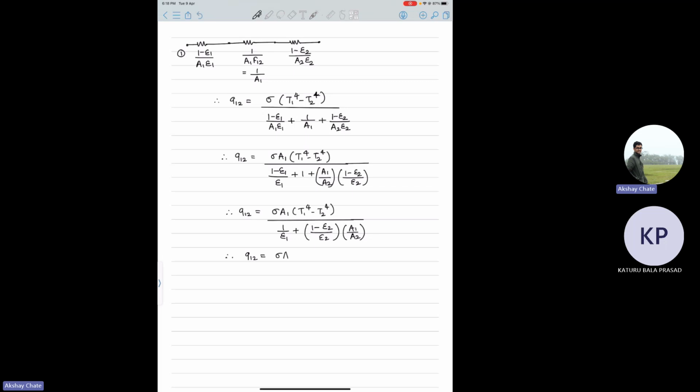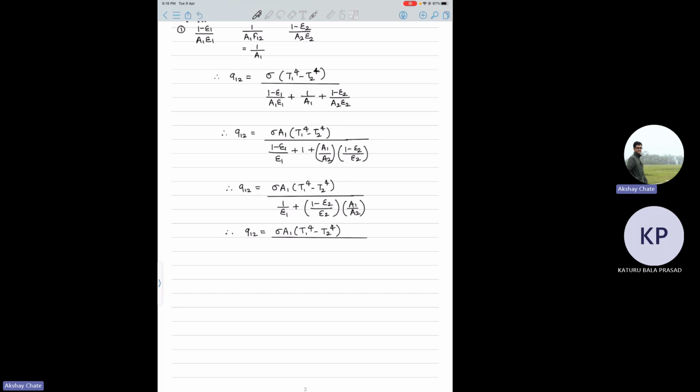So you should remember two things here. In the numerator, there is an A1 term, not A2, because otherwise you have to take F21 in the denominator, and this expression is not correct in that case. So, okay, I'll just write the expression and highlight the important terms.